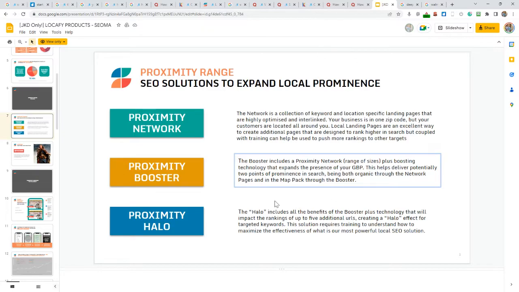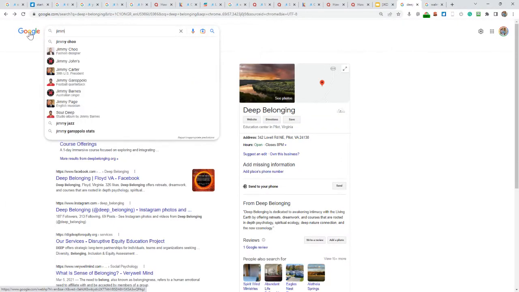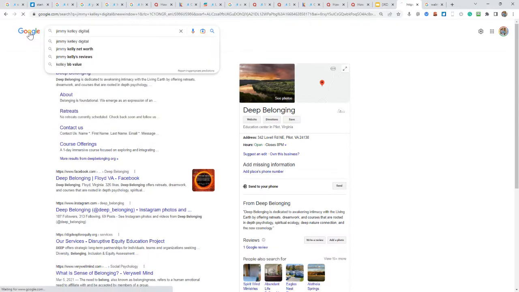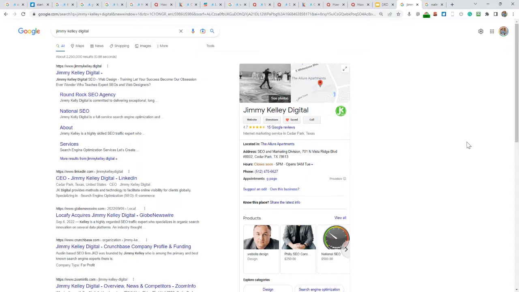Proximity booster is when you have a range of sizes plus boosting technology. This is something that my friend and mentor Jimmy Kelley created. It's called a booster, and this is a proximity booster that is used at Localfy, another one of our partners. This is a very powerful technology that allows your maps to go green over great distances. And in some very unusual circumstances, you can see things like this: I'm a long way away from the home office of Jimmy Kelley Digital, where I worked for many, many years.